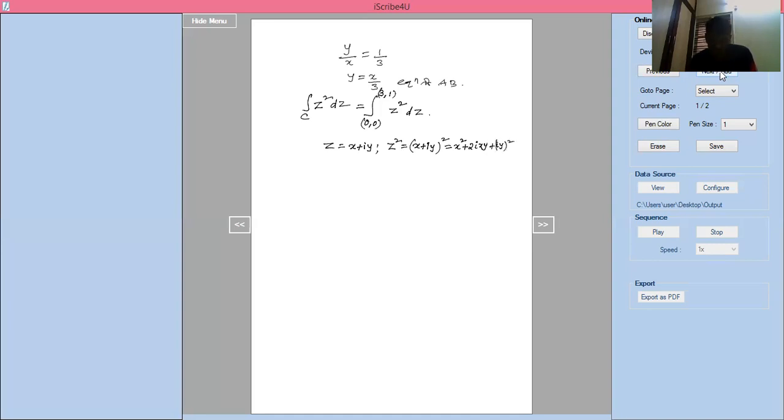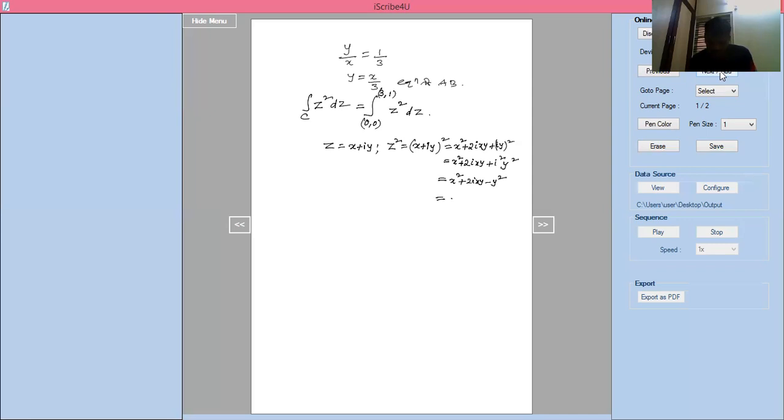Now i square is minus 1. So I'll write x square plus 2i xy plus i square y square. Here I get x square, and i square value is minus 1, so 2i xy stays as it is, and i square y square is minus y square.